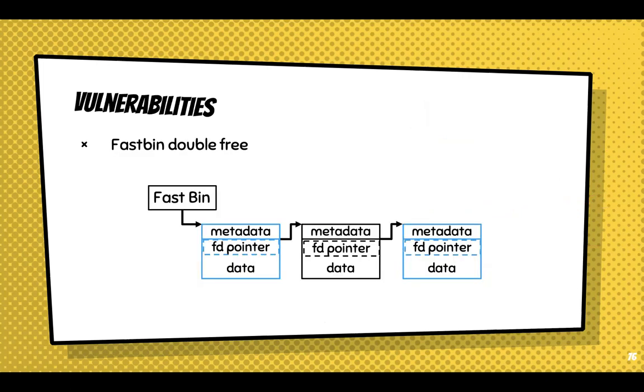Then for double free, the fastbin double free vulnerability, I would say it's similar to Tcache bin's double free, but it's different, and it's more different than the difference between fastbin and Tcache bin in use after free. So for fastbin double free, again, you want to make the same identical chunk appear in one fastbin.